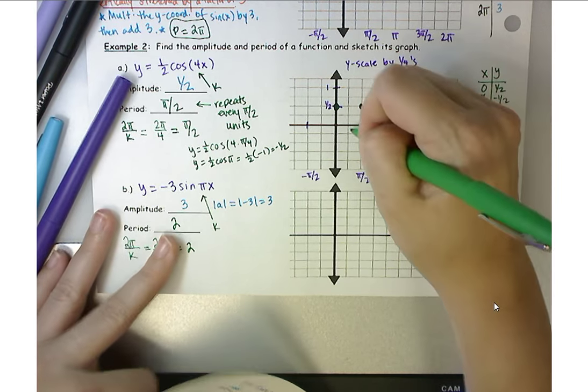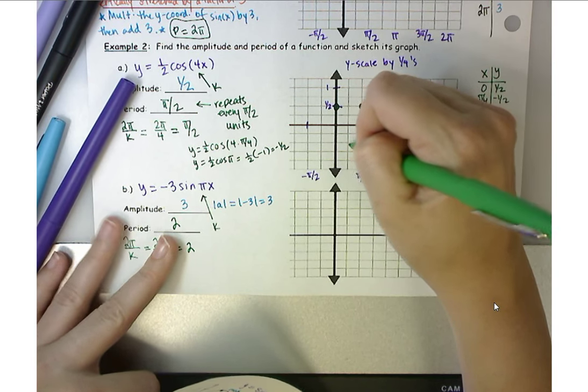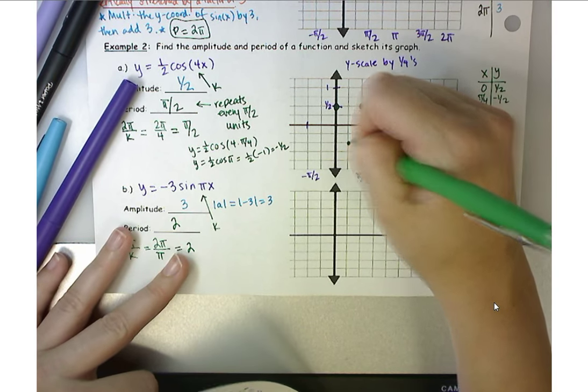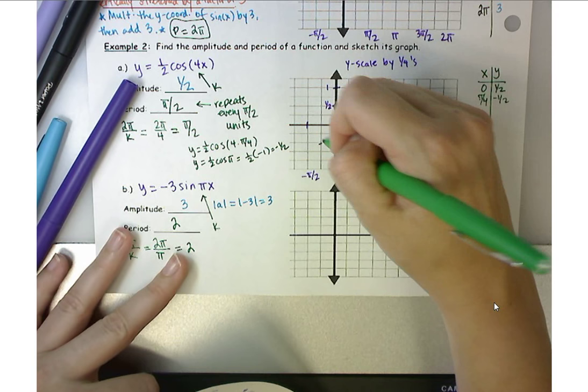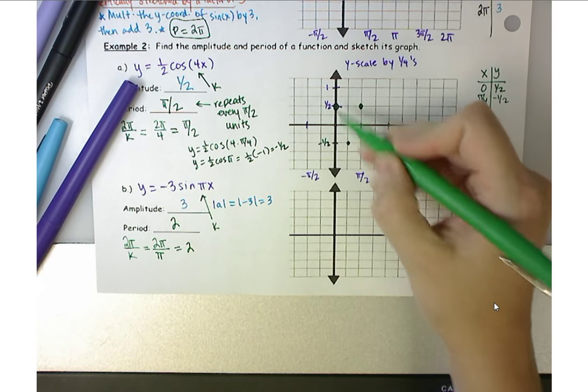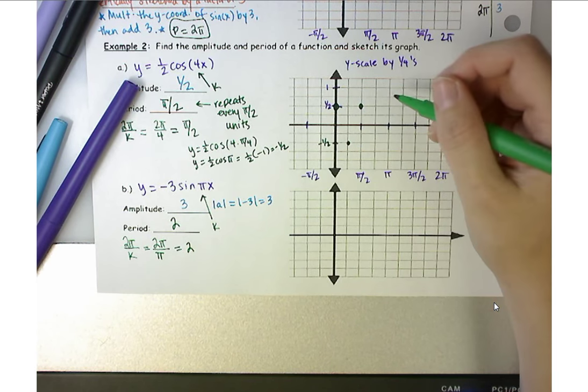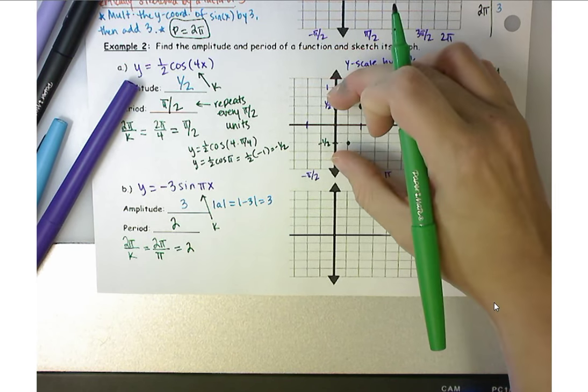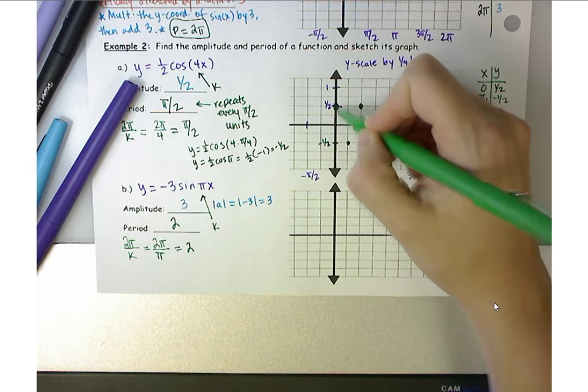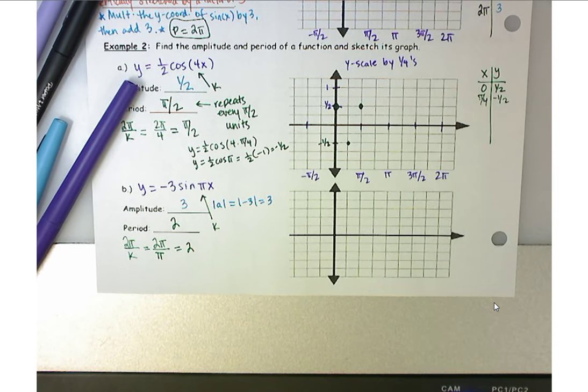So at pi over 4, I hit -1/2. Remember, I just want you to label the highest point and the lowest point, so 1/2 and -1/2. Halfway in between those, it's going to hit the halfway mark. What's halfway between 1/2 and -1/2? 0.